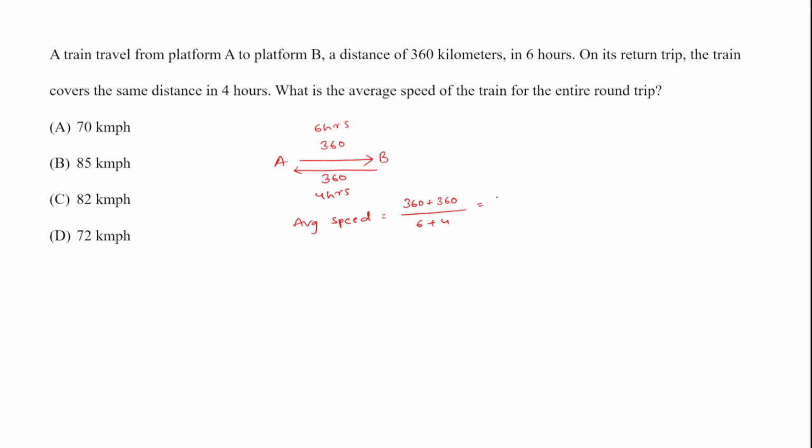So 360 plus 360 is nothing but 720, by 6 plus 4 which is 10. So here zeros will get cancelled and the remaining answer is 72 kilometers per hour. So the train's average speed is 72 kilometers per hour, that is option D is correct. Let's see the next question.